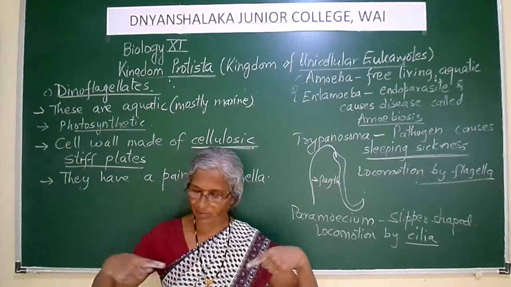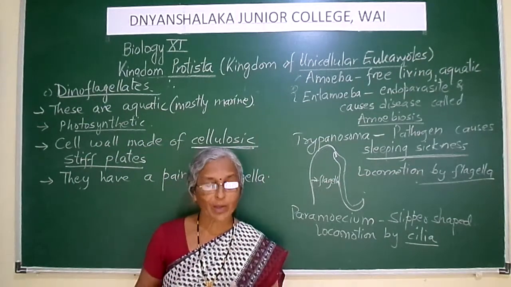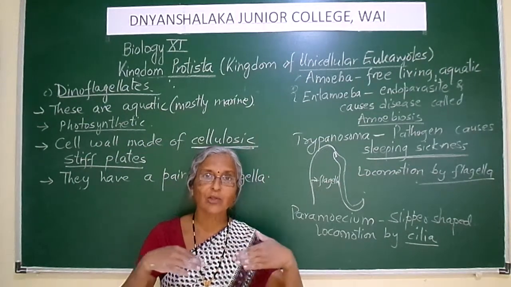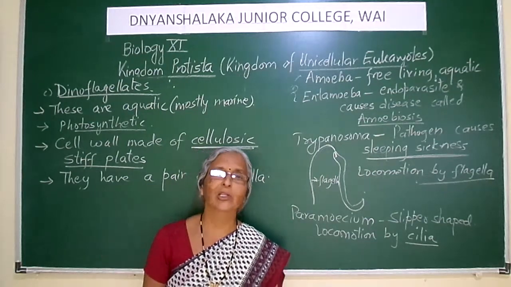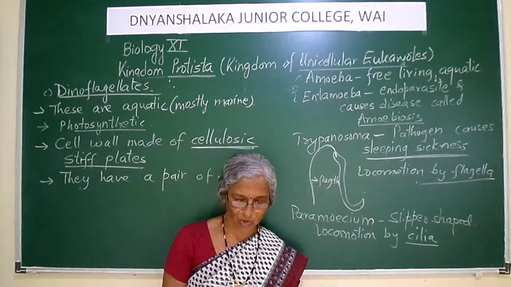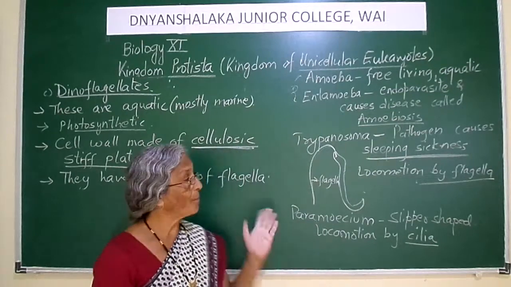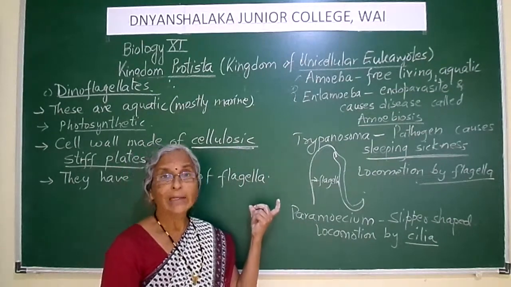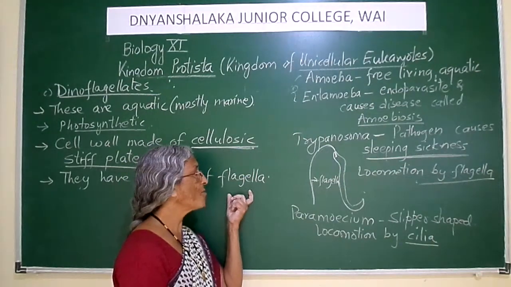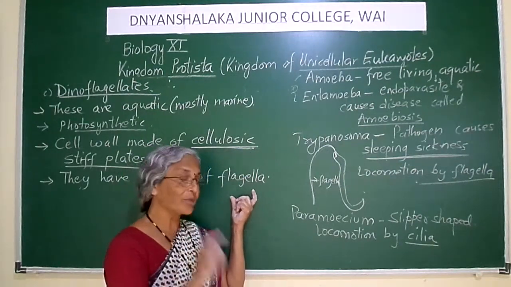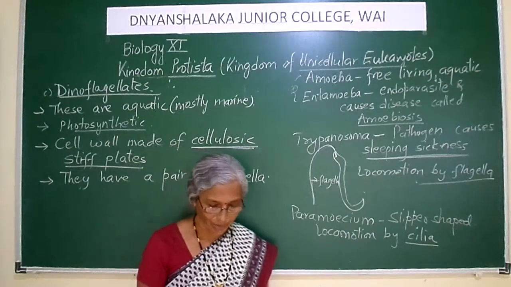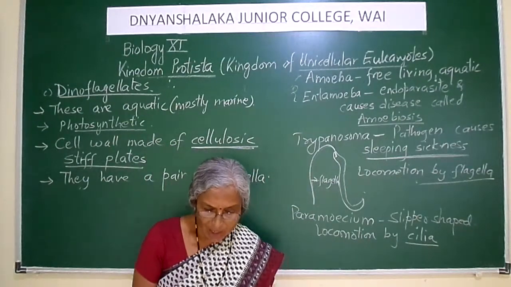The flagella come out from the crevices of the stiff cell wall plates, and with the help of these flagella, these are going to move. So they have a cell wall, and this cell wall will have crevices, gaps through which the flagella will be protruding out.